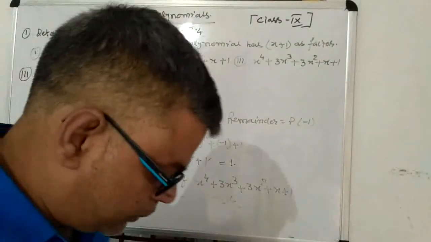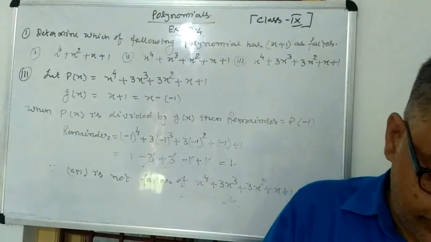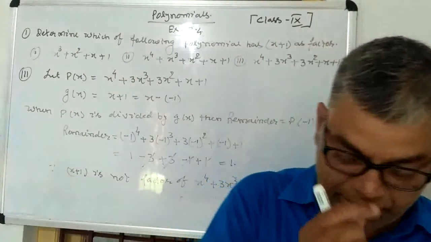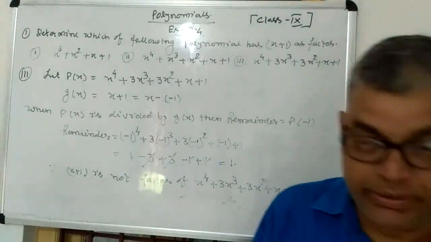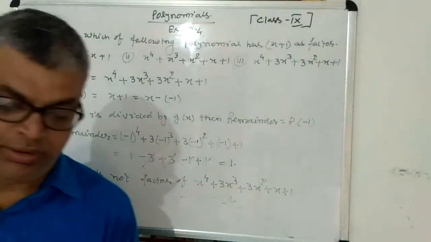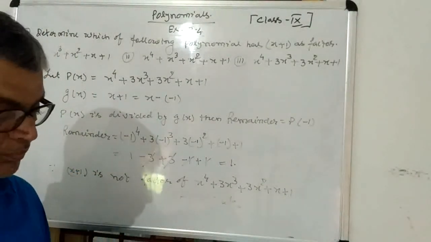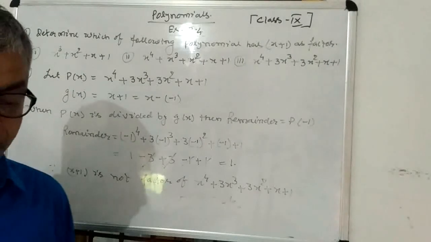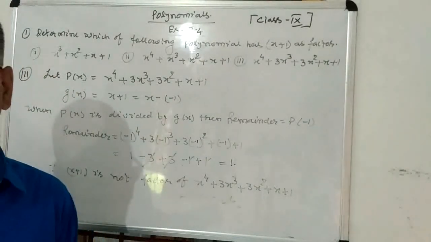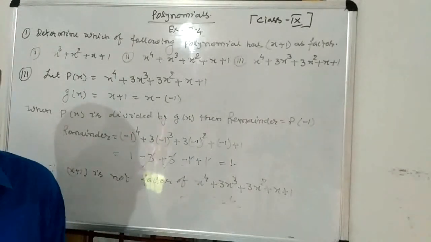Now, come to question number 2. Question number 2 says, use the factor theorem to determine whether gx is a factor of px in each of the following cases. Question number 2 is also similar to this. Px is the first polynomial and gx is the second polynomial given. You have to check whether gx is a factor of px or not.